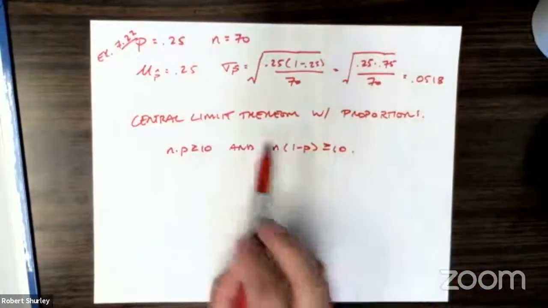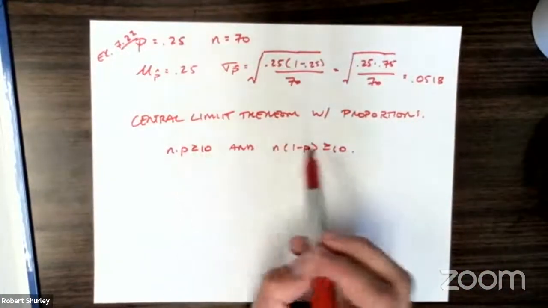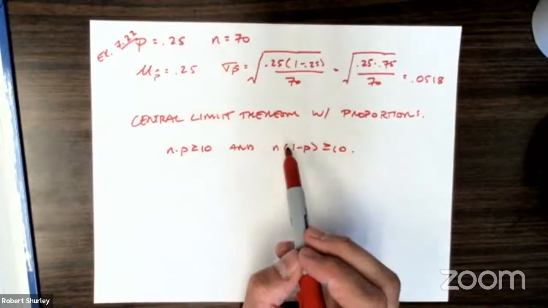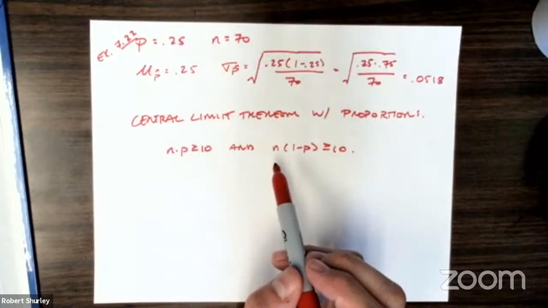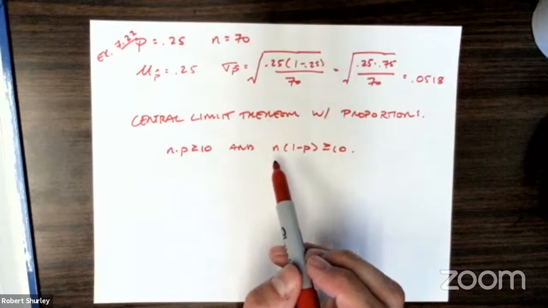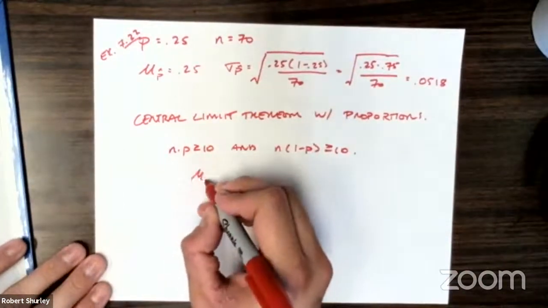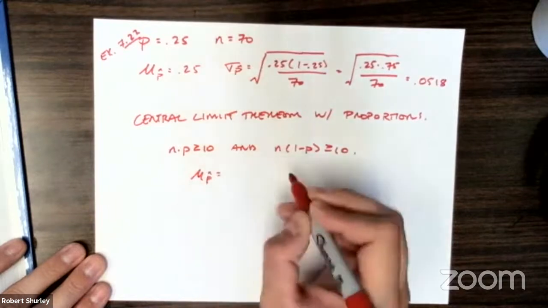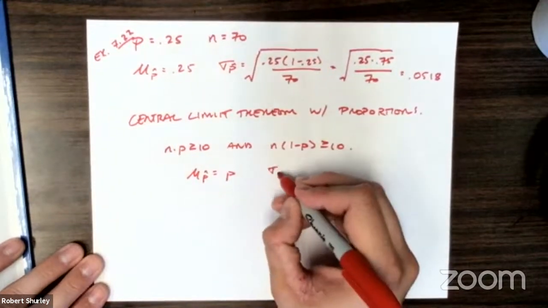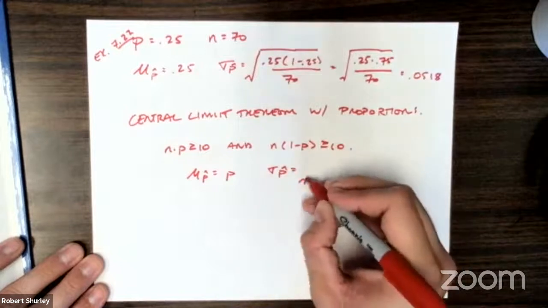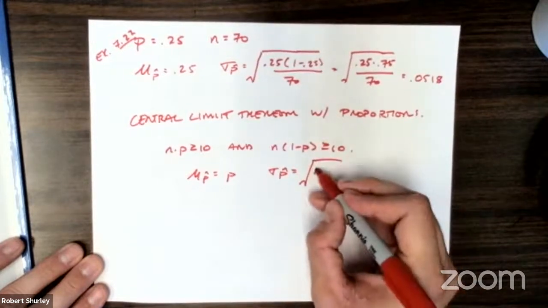Okay? If these line up and are true, then the distribution of p hat is approximately normal with a mean and standard deviation as we said before. But what's nice is that it's normal. Okay?